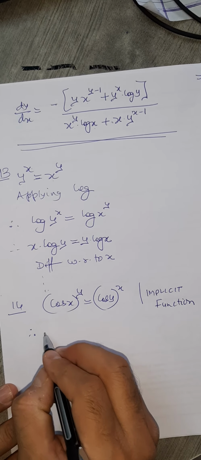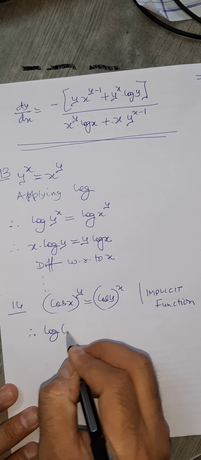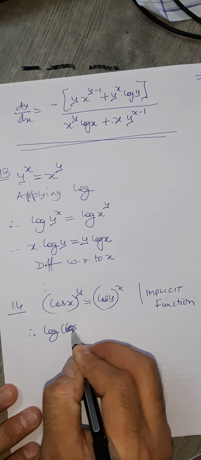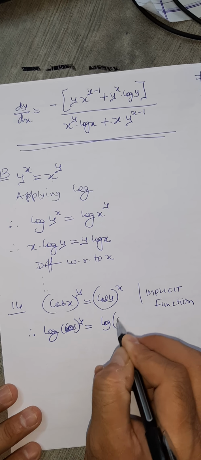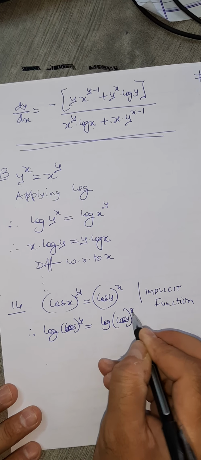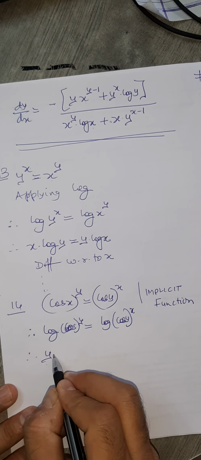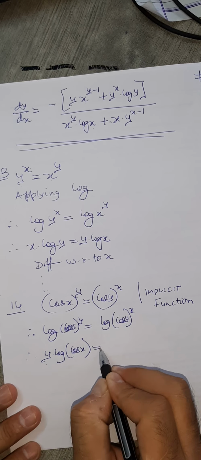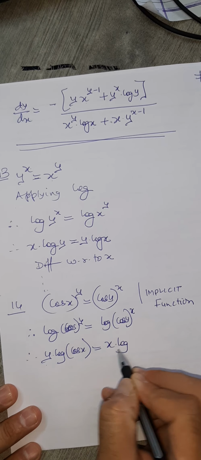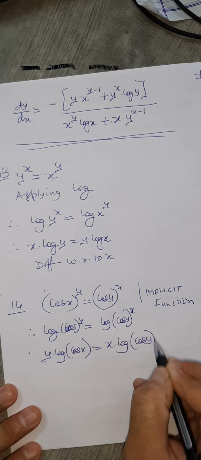So I'll apply log, that's easier. So log of cos x the whole raised to y equals to log of cos y the whole raised to x. Then both will be in the product. y into log of cos x equals to x into log of cos y.